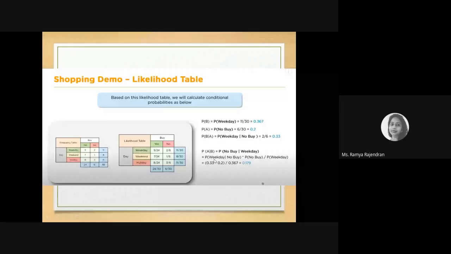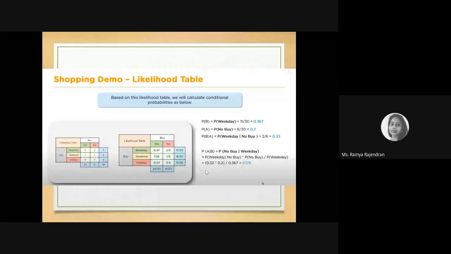We just substitute all the things that we have computed, and we get an answer of 0.179, so almost 18%. This is the conditional probability of occurrence of event A, which is not buying on a weekday.